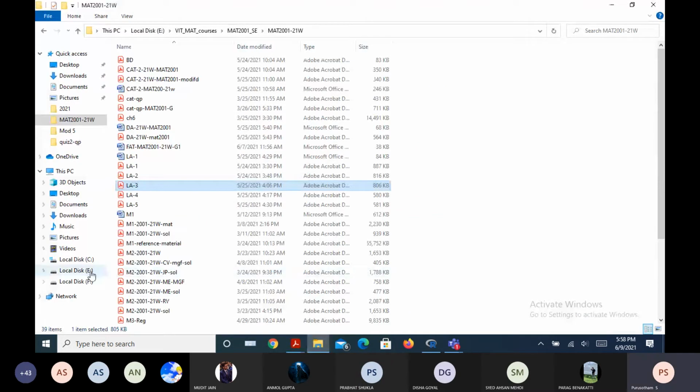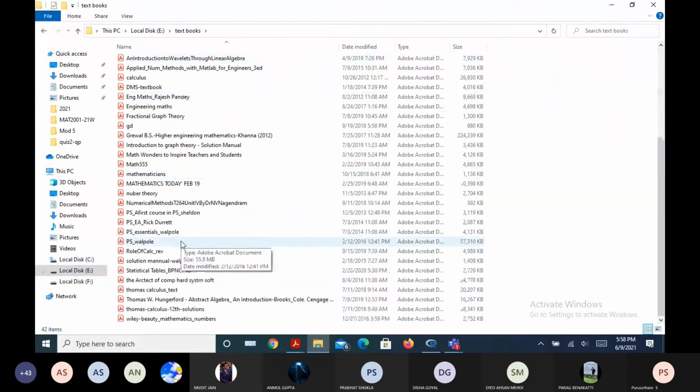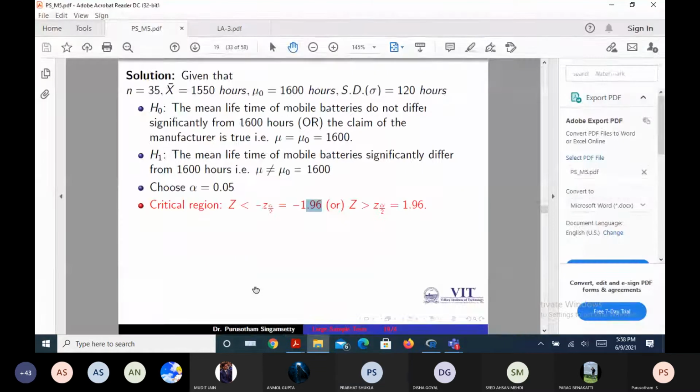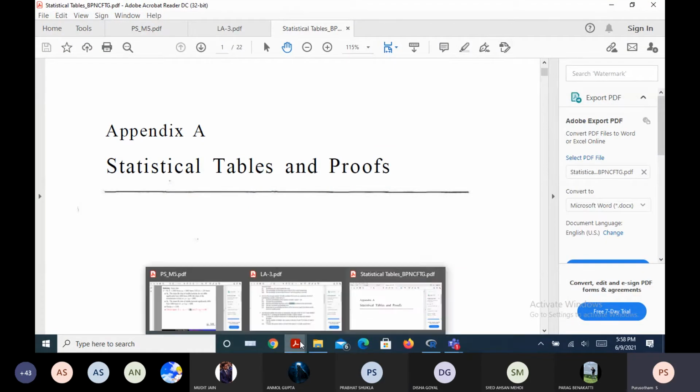You may have statistical tables, right? From that you have the normal distribution tables. Now this Z, which is X bar minus mu by sigma by root n, follows a standard normal distribution.